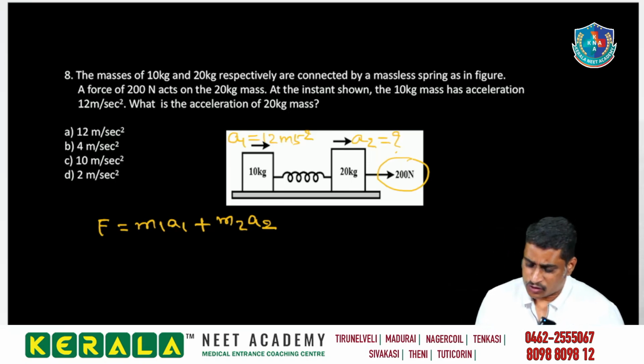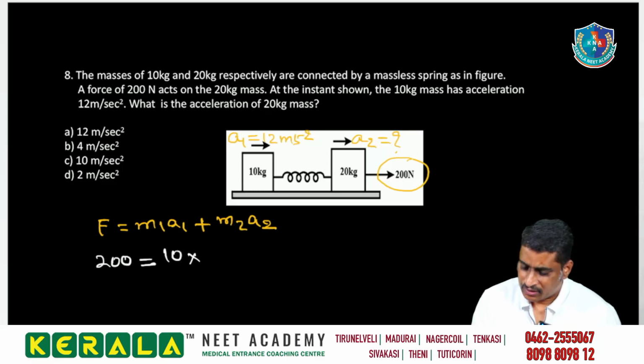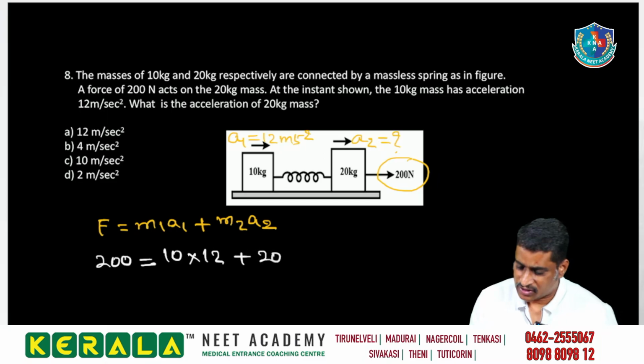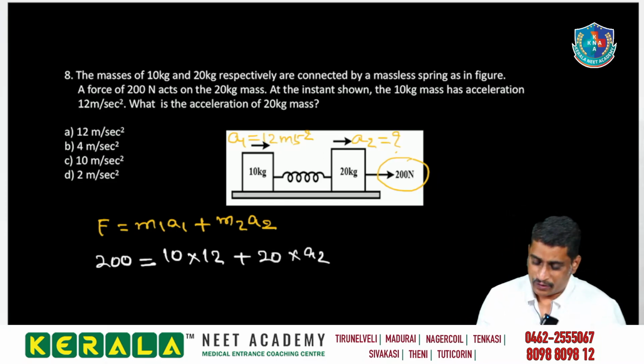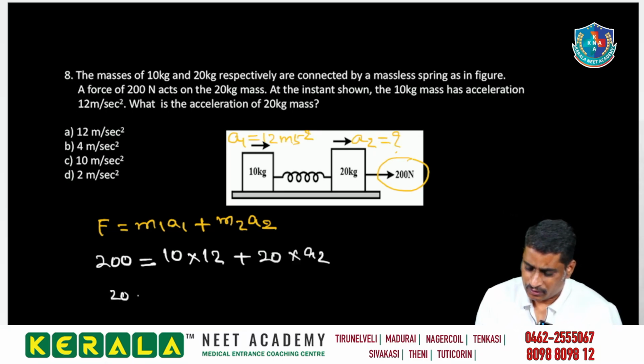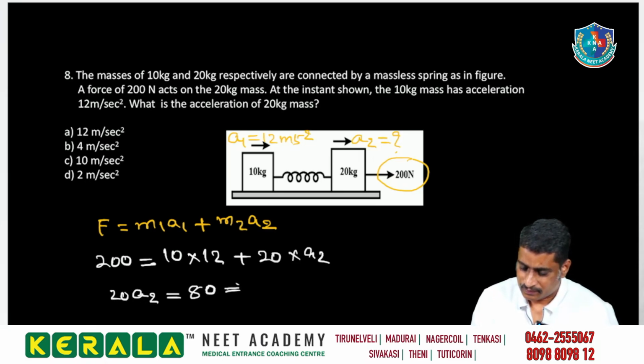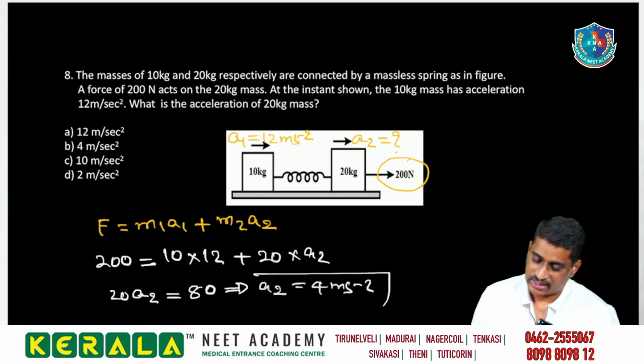The total applied force is 200, which equals M1 is 10, acceleration of the first particle is 12, plus mass of the second particle is 20, and we have to find that acceleration A2. So from this, it's very clear, 20A2 will be equal to 80. Therefore, A2 will be equal to 4 meter per second square.